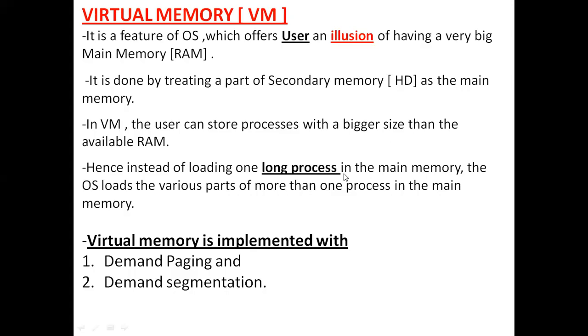As I said, the main memory is limited, a finite size. Hence, I cannot reserve the whole main memory for only one process. So I load small parts of more than one process, so that I can accommodate more than one process inside the main memory.